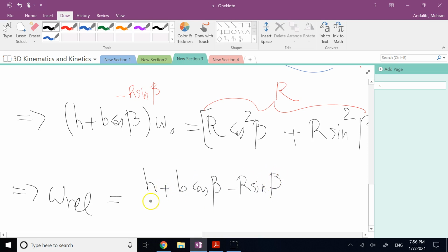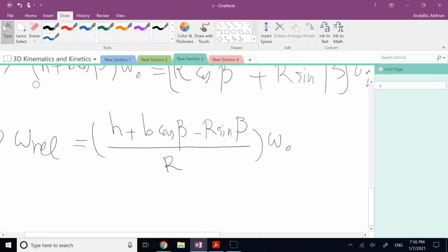Actually, this is plus, divided by r, the whole thing, times omega naught. Okay, so this is the magnitude of that omega relative here.